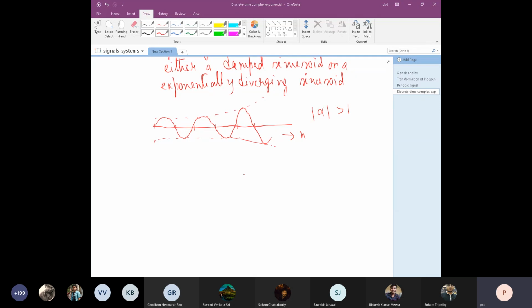Now, of course, this is simple to understand. The one most important thing that is again different is about the periodicity of the discrete time exponential.